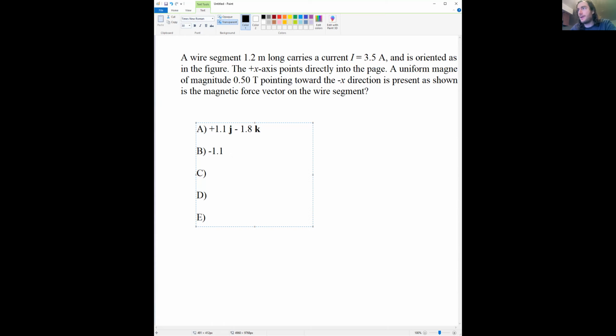But in addition to vector, they are also the unit vectors. So i hat in the positive x direction, j hat in the positive y direction, and k hat in the positive z direction.